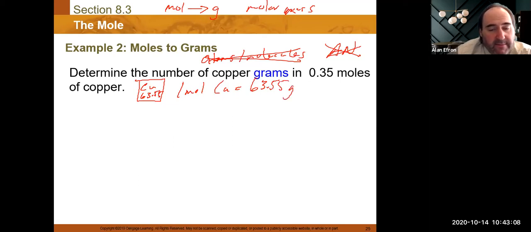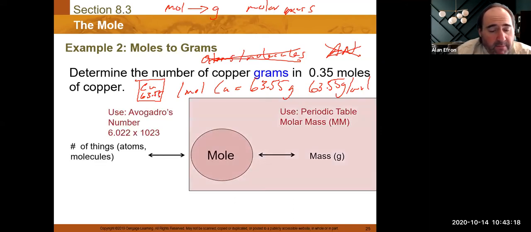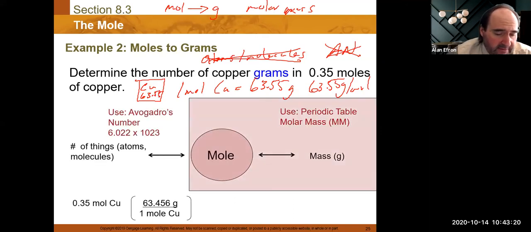The molar mass is basically 63.55 grams per mole, which can be used as a conversion factor. So here we start with moles and multiply by the molar mass from the periodic table, so that the moles cancel each other out and leave us with grams. We multiply that across there.